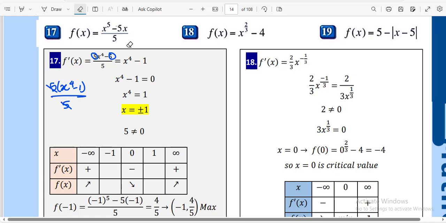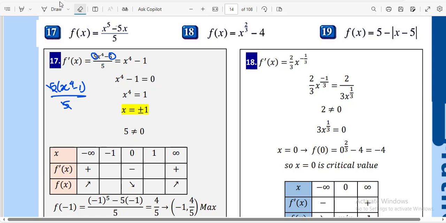Alright, now we have the derivative. To find critical values, we set the derivative equal to 0: x power 4 minus 1 equal to 0, 1 to the other side, x power 4 is equal to 1. 4 is an even number, so x will have two possible answers, positive and negative 1. So both positive and negative 1 are critical values.